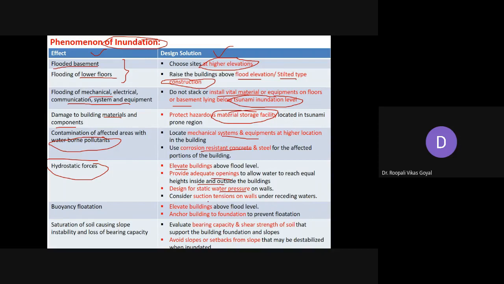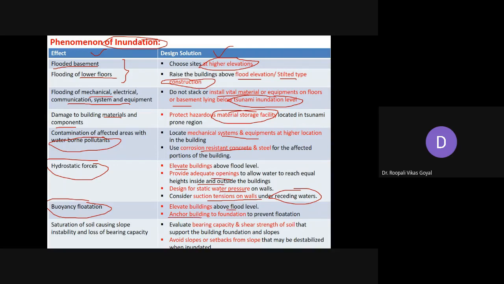Then consider suction tension on walls under receding water. Whenever water is receding, certain suction tension is developed on walls. So accordingly you have to design your walls. Then buoyancy flotation: buoyant force acts, it may float your building. Okay, so elevate the building above flood level, that is the obvious option.